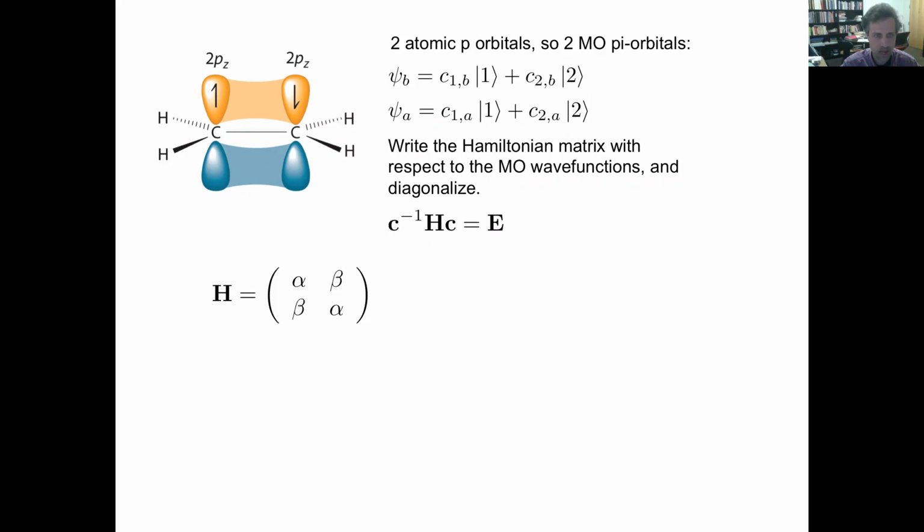So this alpha is, of course, a matrix element. Let me write it explicitly so we have no confusion about this. This is the Hamiltonian matrix element where I put psi A, and the same here, this one is psi B and psi B. So that's alpha.